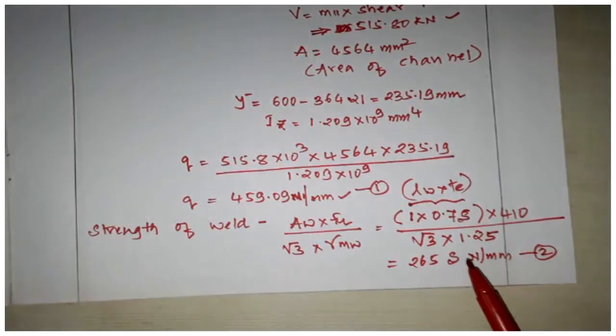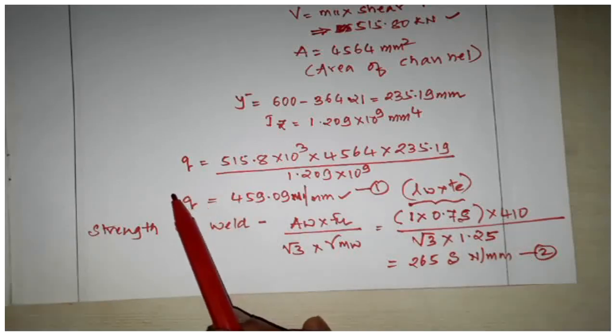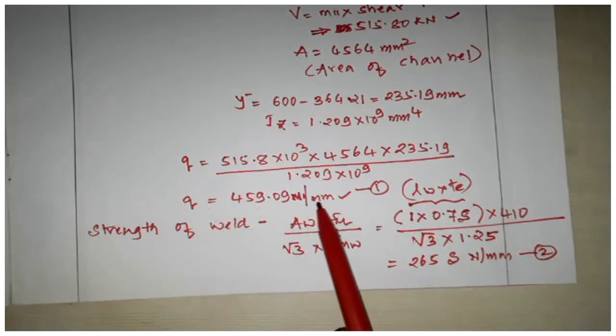Now what you have to do? You have to equate these two. So this is the strength of weld per mm, and this is the stress or the force developed per mm. So if you equate this, you will get the size of weld. Okay.